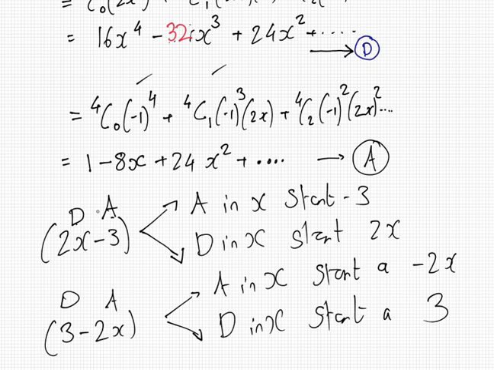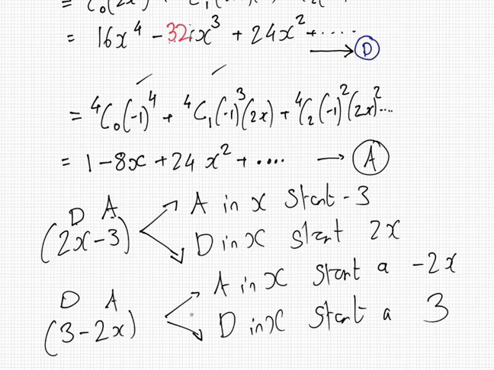So just write A above it, whichever one you want. If I want to ascend in x, I start at the back. No, that's backwards, isn't it?